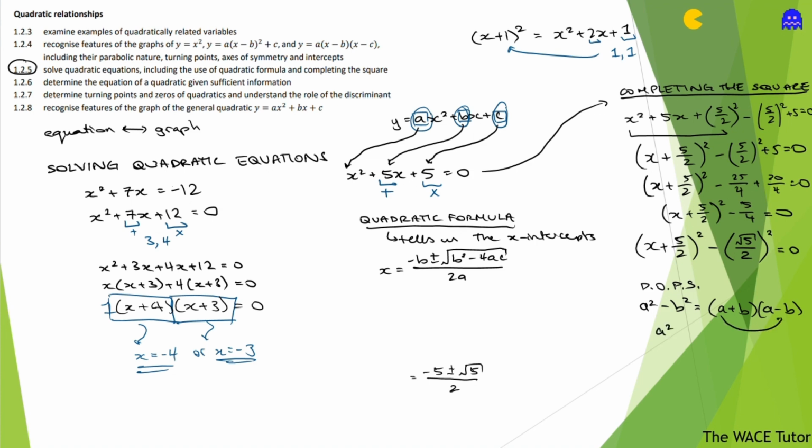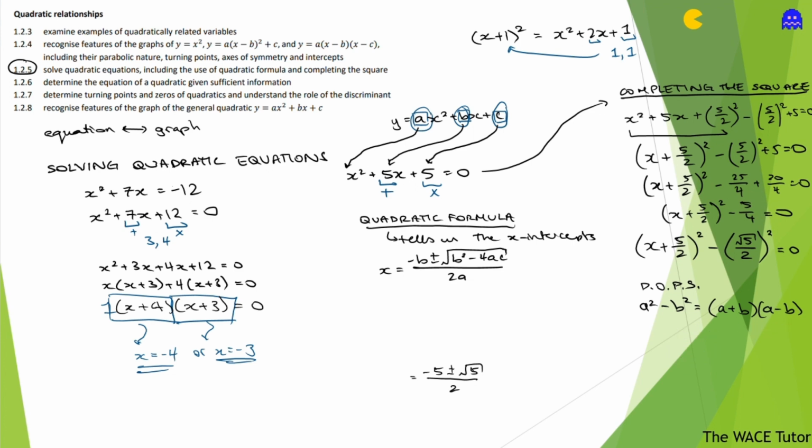A times a is a squared, a times minus b is minus ab, b times a is plus ba, minus b times b is minus b squared. And so the negative ba and the ba cancel out to 0, and you get a squared minus b squared just as expected.